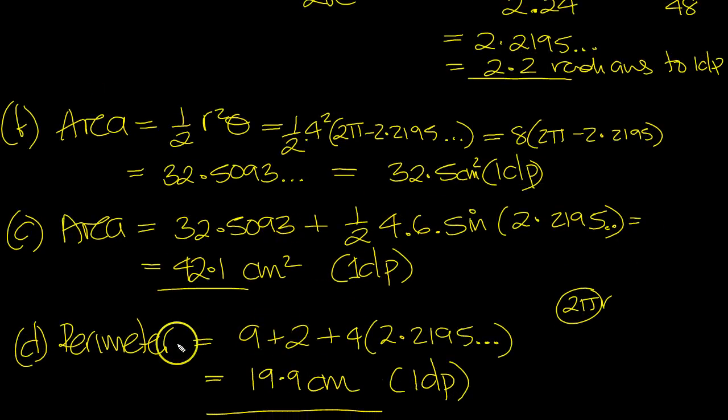I've just double checked this, and there's one slight error with the perimeter, because it wasn't this angle. It's the major arc angle, which would be 2 pi minus 2.2195. I was working on the minor arc.